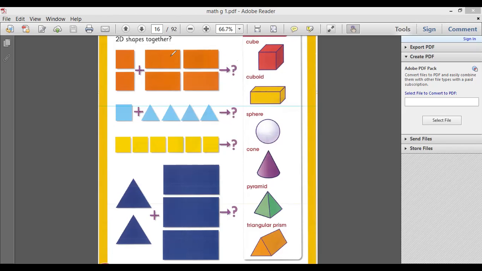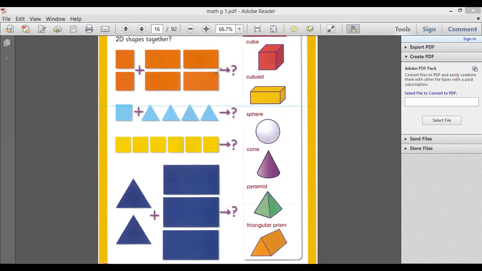Two squares, four rectangles. When they are joined together, which shape do they make? Good. Cuboid.